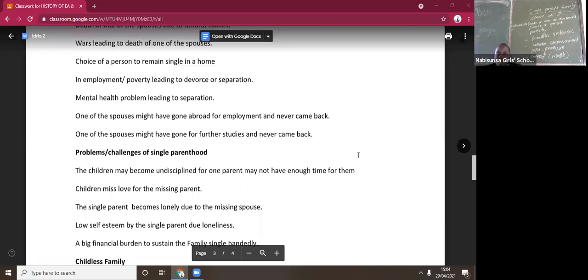Okay, I'm seeing people who are putting up their hands as we proceed. People, let me show you something here. Let me try to be fast to copy this work.